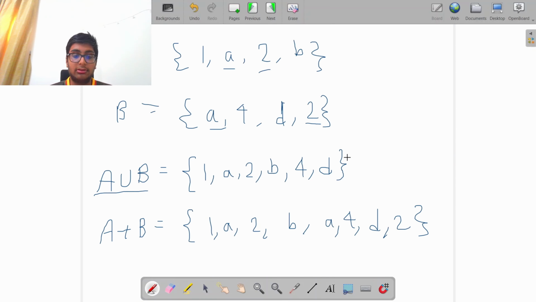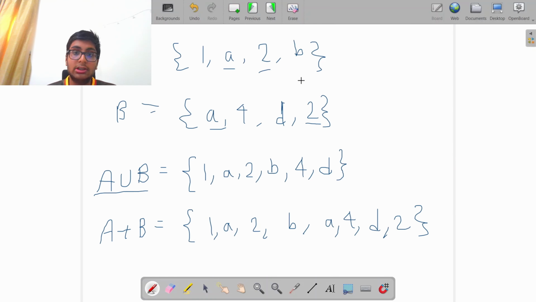While in A plus B, we do have those duplications allowed, because in addition, we don't have anything like uni in the name itself. And that is why duplications are allowed in A plus B if the same information is given in two or more sets. But in union, we do not allow any duplications. It's a strict must that there shouldn't be any duplications in the set where union happened.